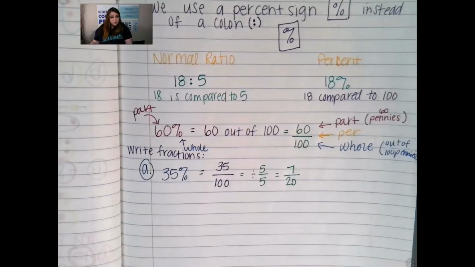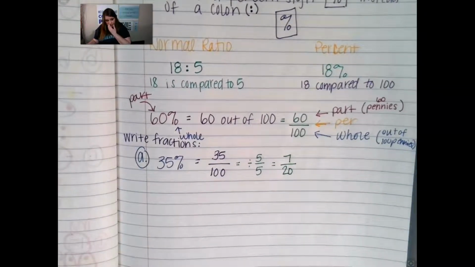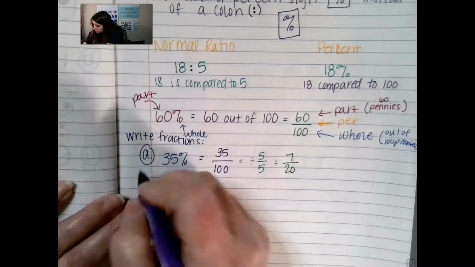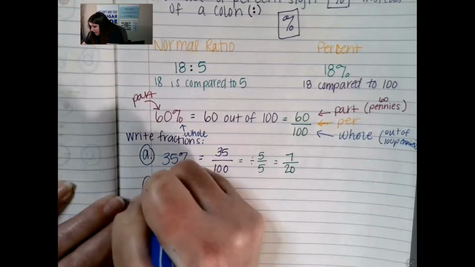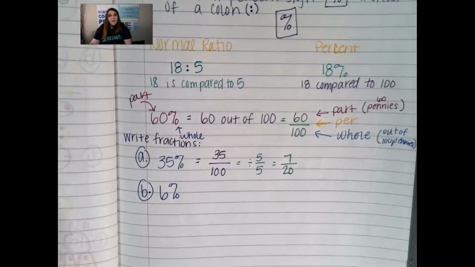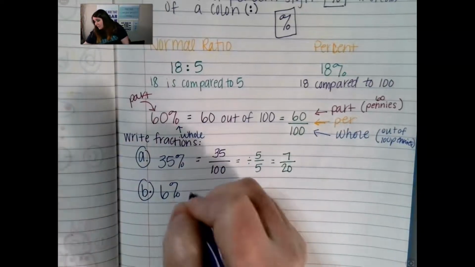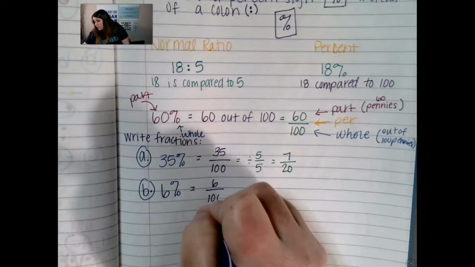All right, let's do another one. Let's say that I have 6%. That's the same thing as saying 6 over 100.